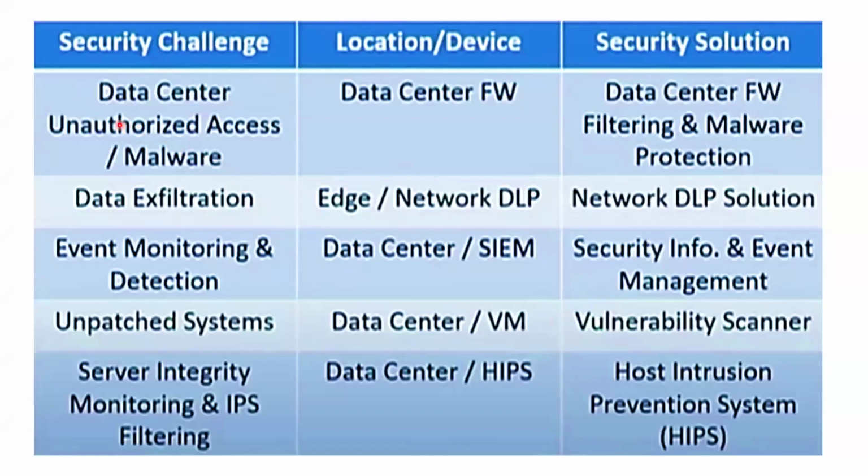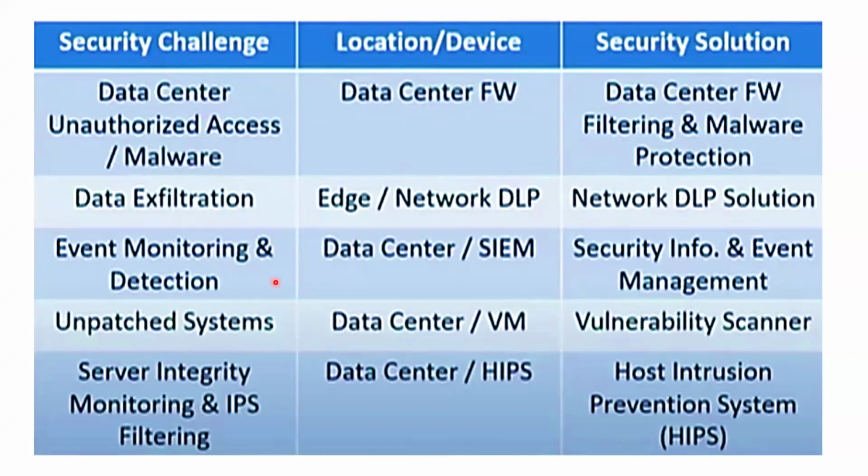Then we have data center unauthorized access, which usually occurs at the data center firewall, and the possible solution is data center firewall filtering and malware protection. Data exfiltration usually occurs at the edge and network, and the possible solution is a network data loss prevention solution.